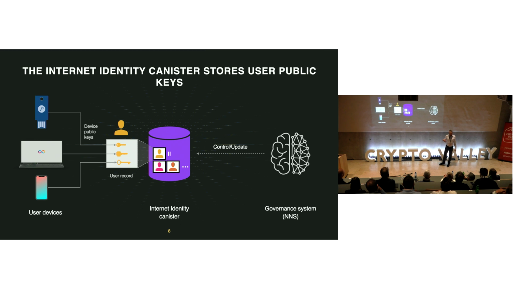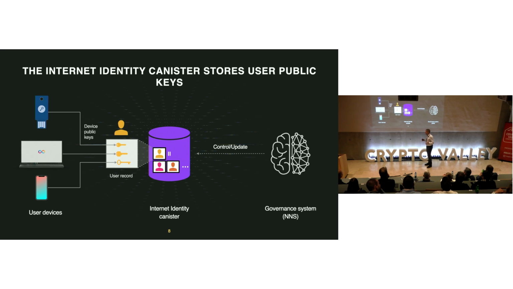So it can be updated, it can be upgraded, we can release new features, but all these features need to be supported by the decentralized governance system. When we want to add more functionality to the smart contract, which is developed in open source, where everyone could contribute, then we need to make a proposal to the governance system of the Internet Computer in order to upgrade this canister smart contract.